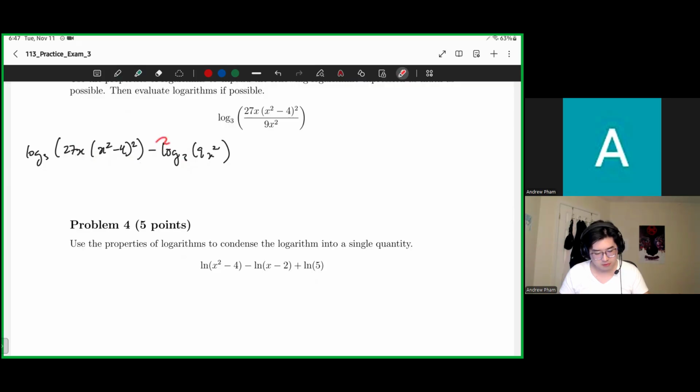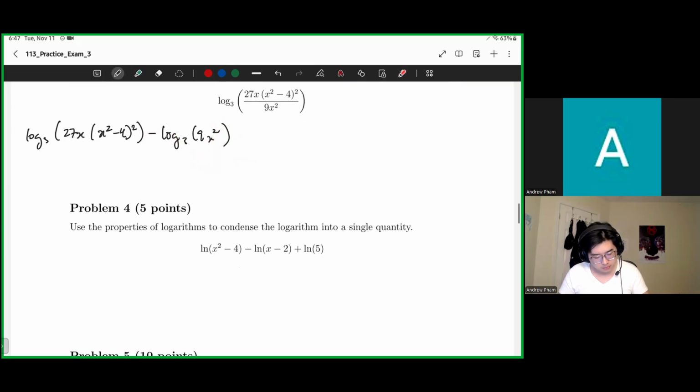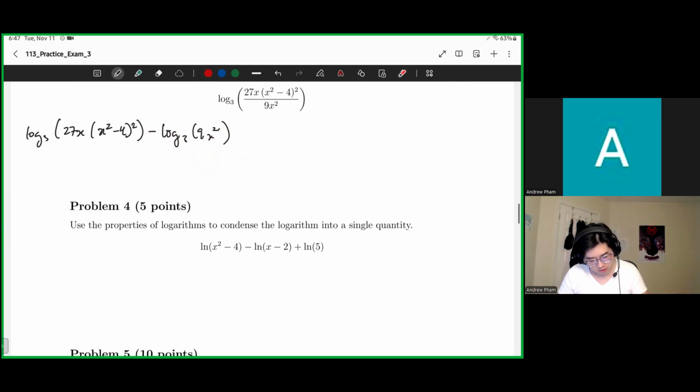But be careful, this minus sign is non-trivial. This is actually minus parentheses of this log. So wherever any expansion you do here, you have to distribute in the minus sign. So we have to be careful. Let's see how that works out.